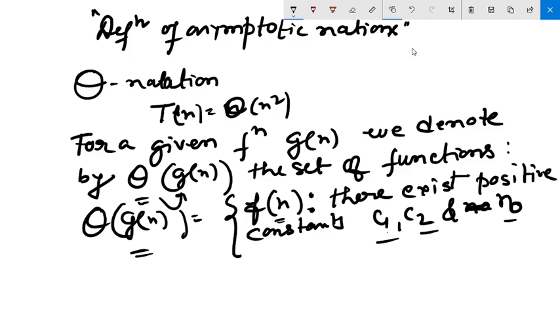In the last class, if you remember, I told you that we need some constant to keep a check on the time complexity, n square. I need some constant to make a boundary or something like that. So those boundaries can be made by this C1, C2 and N0.